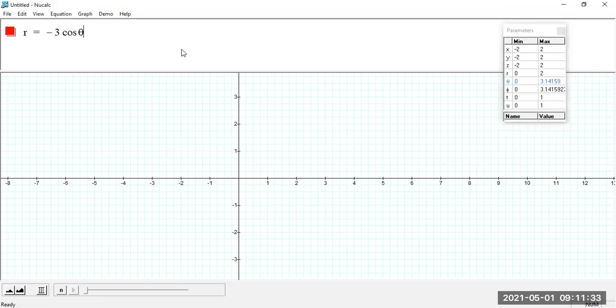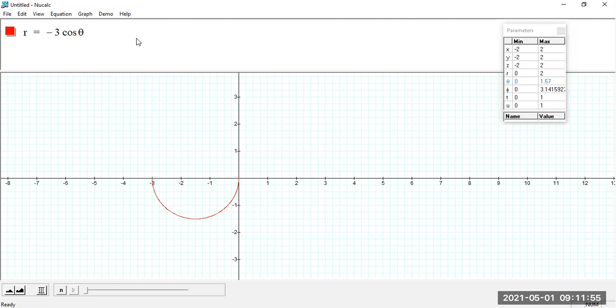Notice that I still have one circle. Now, if I make it from 0 to 1.57, that's half of pi, right? And it's like that.